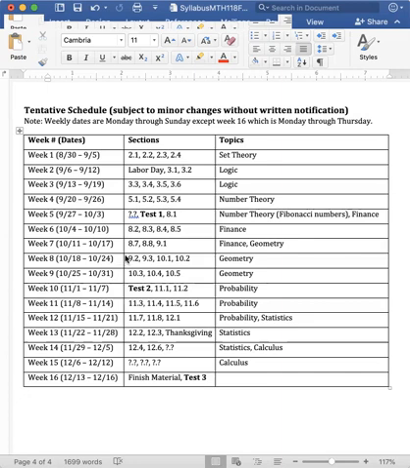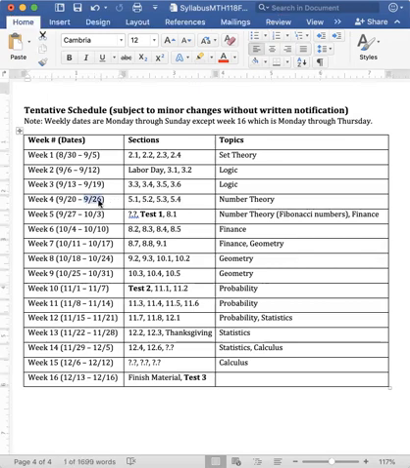So for instance, in week 4, if we cover sections 5.1, 5.2, 5.3, 5.4, those assignments on MyMathLab will all be due on Sunday, September 26th. In addition to that, any other assignments or quizzes that are posted that week should be due the same day. Okay, September 26th at 11:59 p.m.